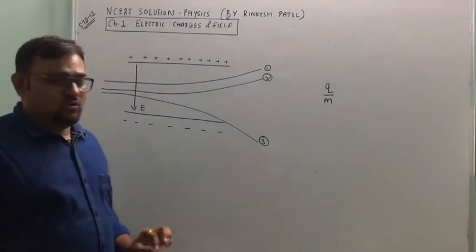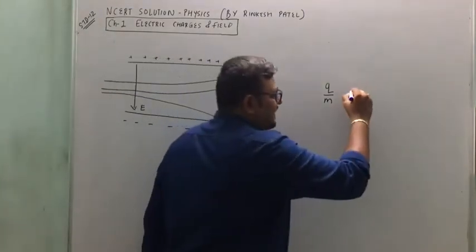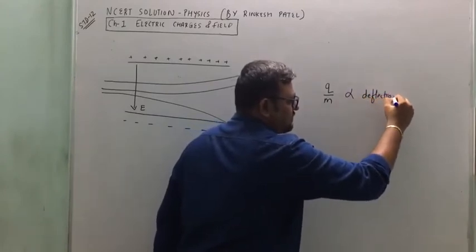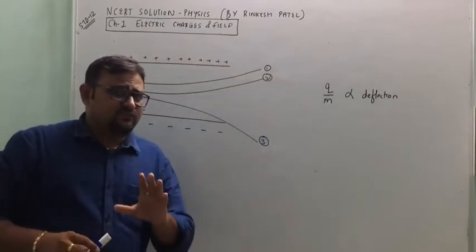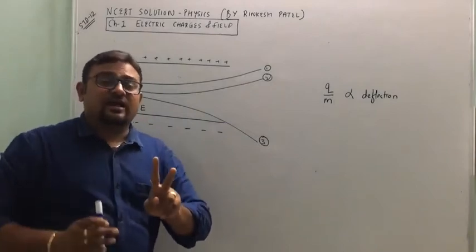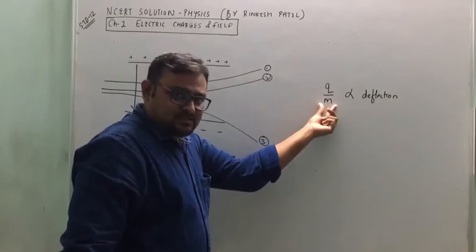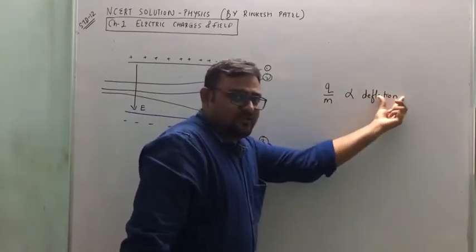Now I can say that the ratio of charge to mass is directly proportional to the deflection. How? If I take same forces on two objects, lighter the object, higher will be the deflection. So if the mass is very less, the deflection will be very high. So inversely proportional between mass and deflection.